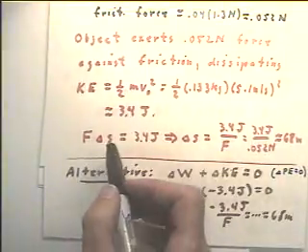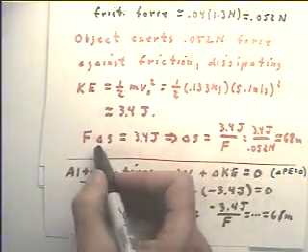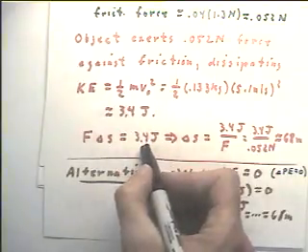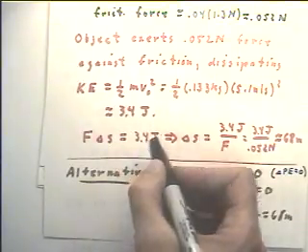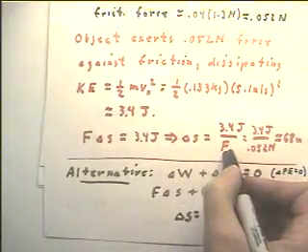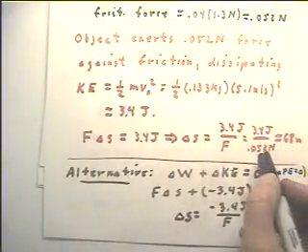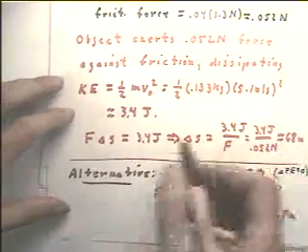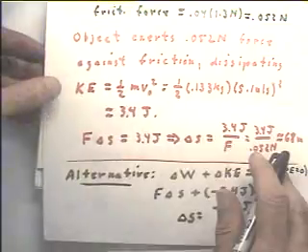So the work done, F delta S, against friction is 3.4 joules. So delta S is 3.4 joules divided by 0.052 newtons, or about 68 meters. So the object will travel 68 meters roughly.